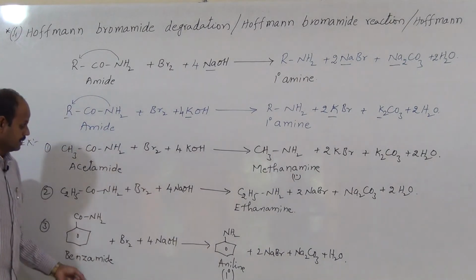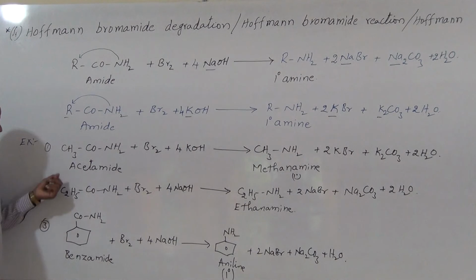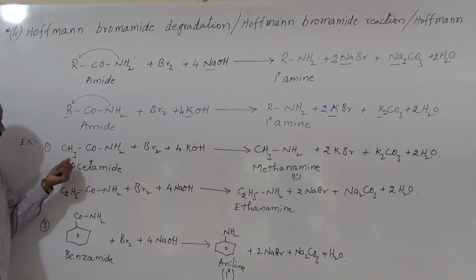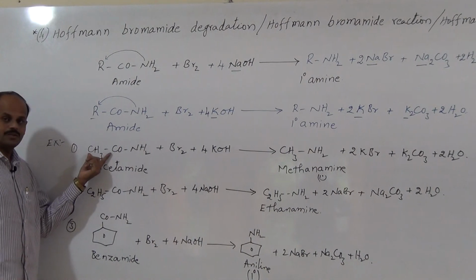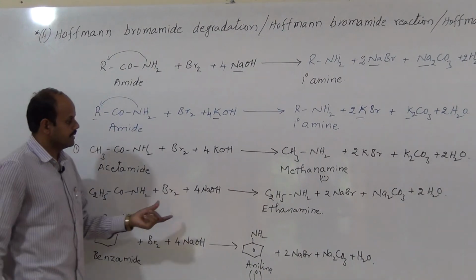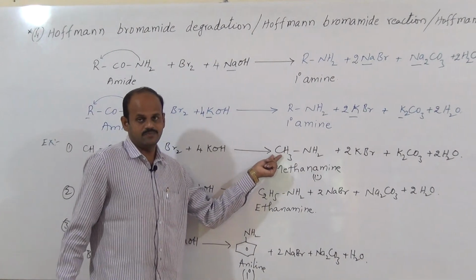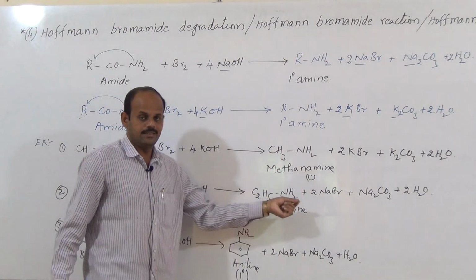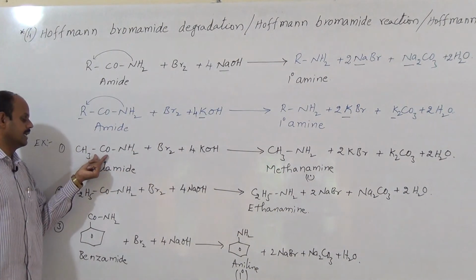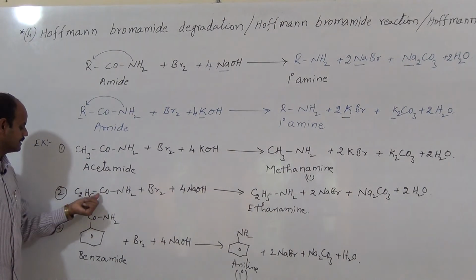Okay. So what you observed in this equation, for example, take the first example, CH3CONH2. How many carbons are there? 2 carbons are there. But in the product, how many carbons are there? Only one. Means the product amine has 1 carbon less than the parent amide. Here also how many carbons are there? 2 plus 1, 3.